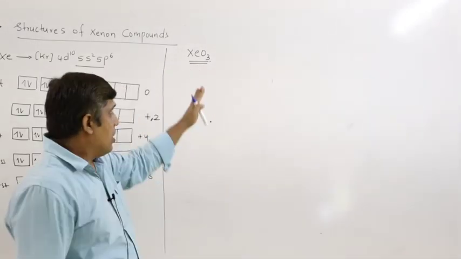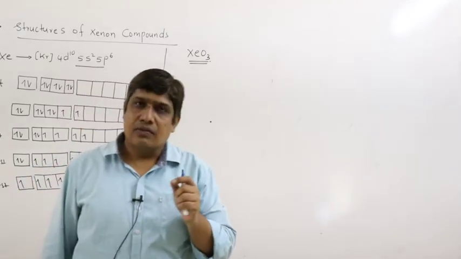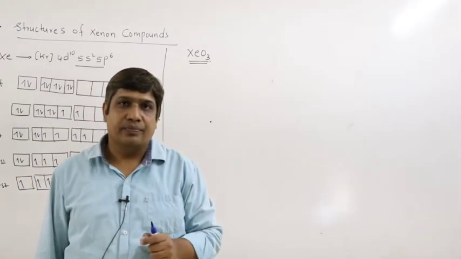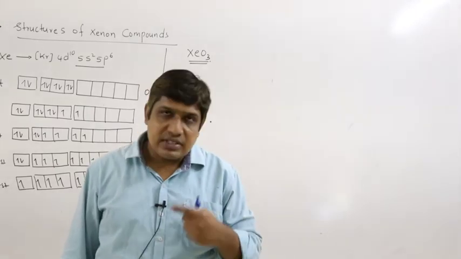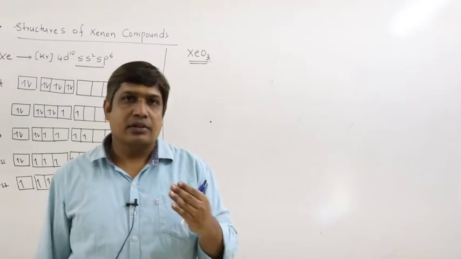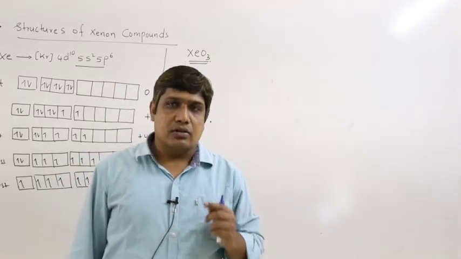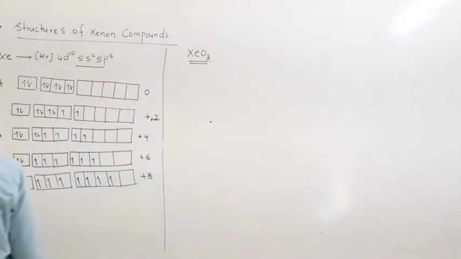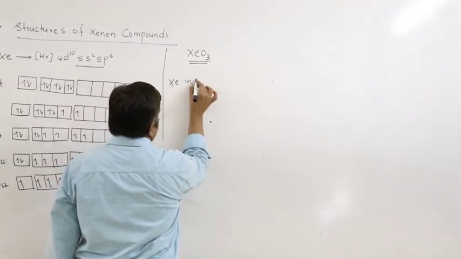See here, oxygen is combining with one central atom, therefore oxygen forms one sigma bond and one pi bond. There are three oxygens. Each oxygen forms one sigma bond and one pi bond. For 3 oxygens you will get 3 sigma bonds and 3 pi bonds. That means you require 6 unpaired electrons. So 6 unpaired electrons are present in the third excited state. So xenon in third excited state.